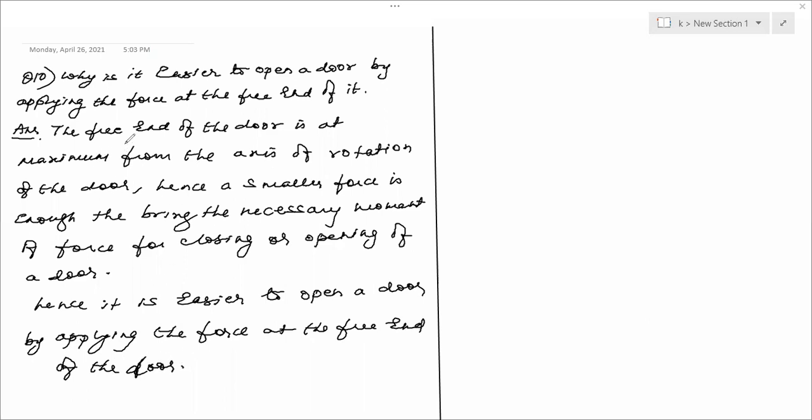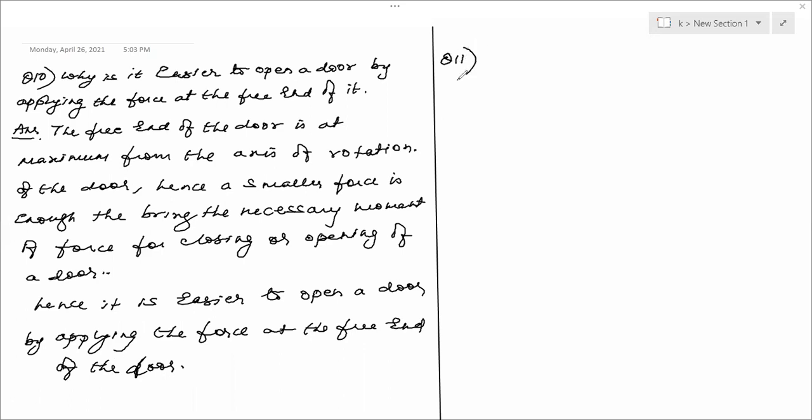Okay, so once again I'll read it. The free end of the door is at maximum distance from the axis of rotation of the door. And a smaller force is enough to bring the necessary moment of force for closing or opening of the door. Hence, it is easier to open a door by applying the force at the free end of the door. A very simple and apt answer.